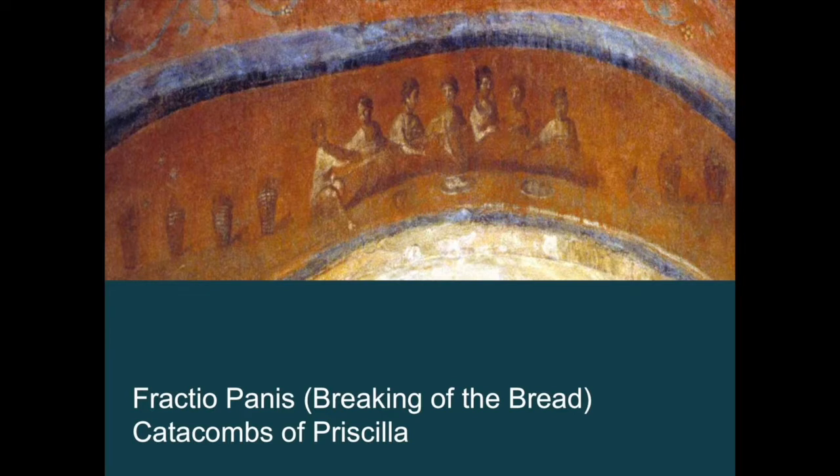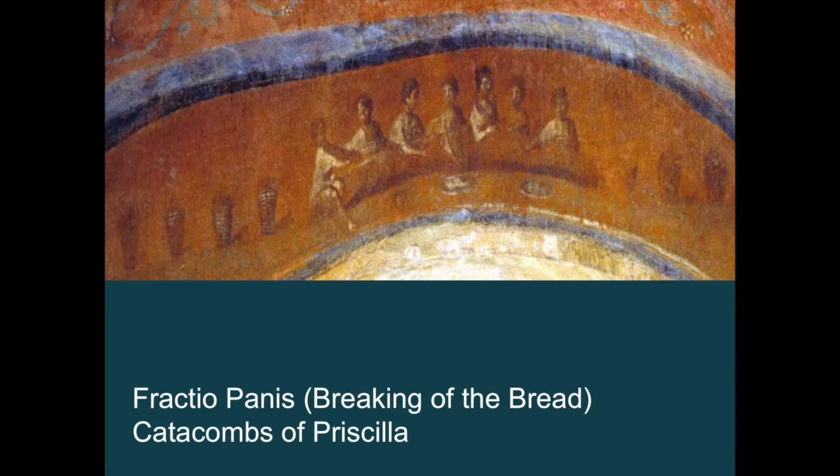Now this is from the Fraxiopanus fresco in the Catacombs of Priscilla. It's painted on the back wall. If you go to the catacombs, the guidebook will tell you this is an early Christian Eucharist. They base it on these 7 baskets.